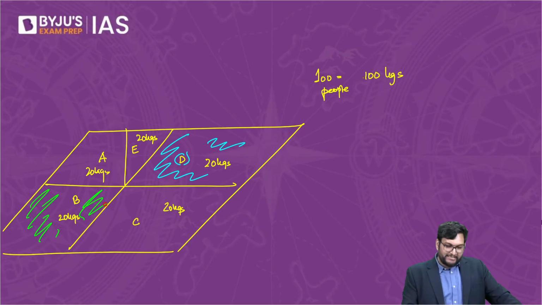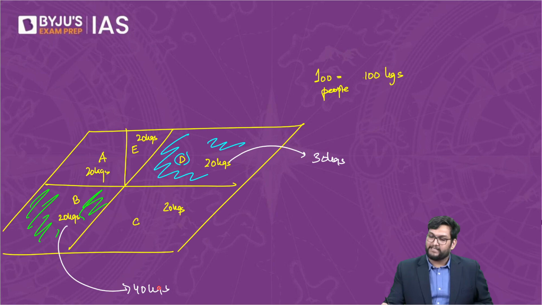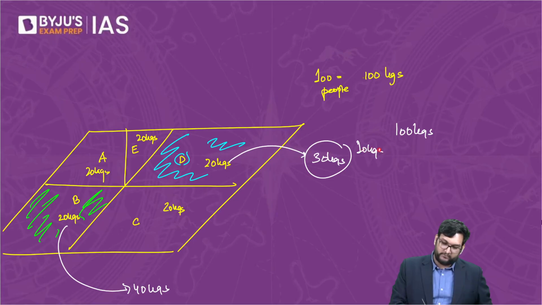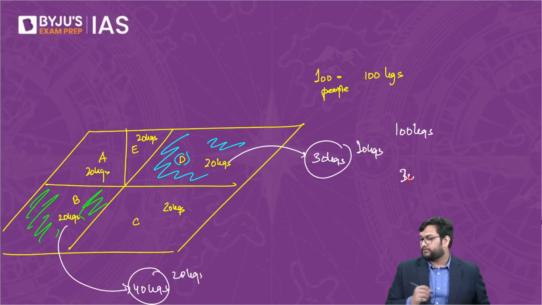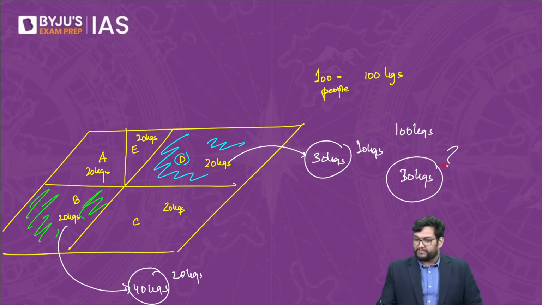And D is able to get 30 kgs and B is able to get 40 kgs. Now, 100 kgs was needed. We have 10 kgs more here, 20 kgs more here. This 30 kgs is called what? Very good, Sania. This is called surplus.